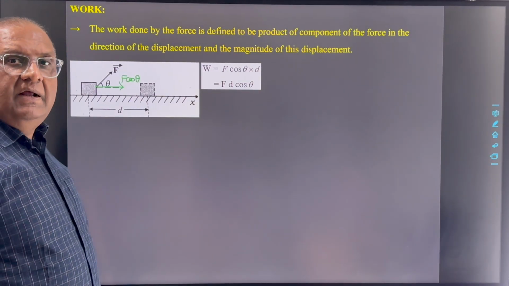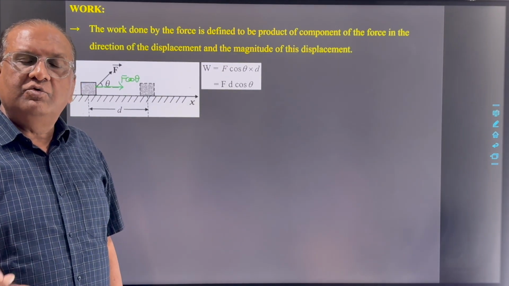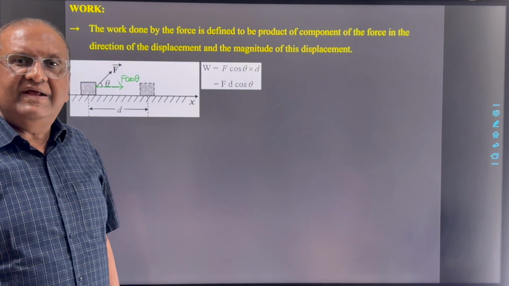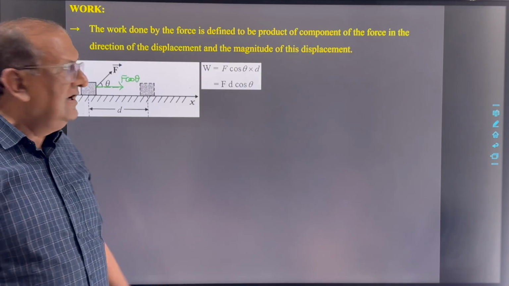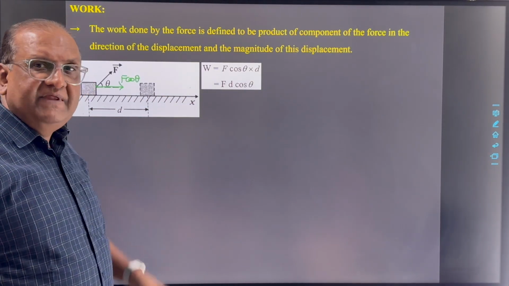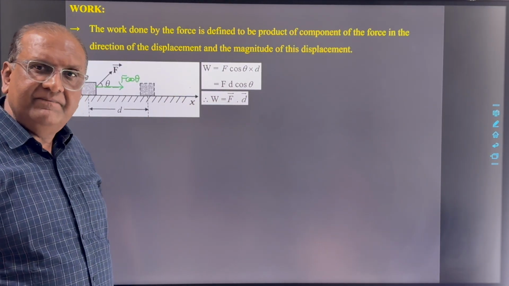Now we already studied the dot product of two vectors. Suppose we take vector A dot vector B, that is AB cos theta. Similar to that, we can write FD cos theta as vector F dot vector D, right?